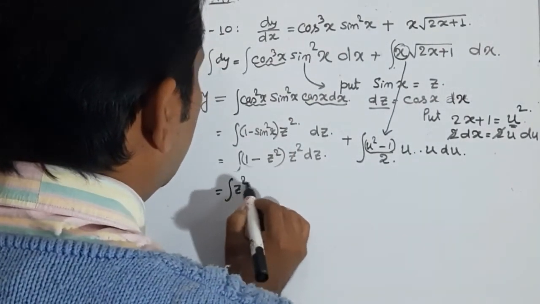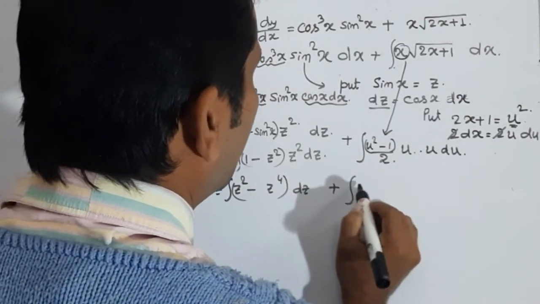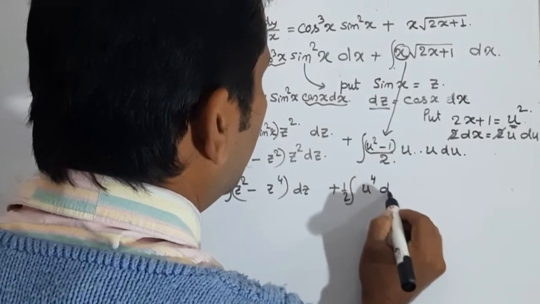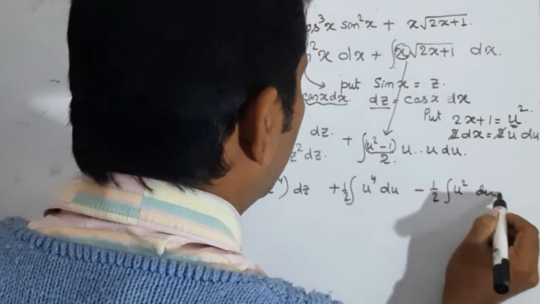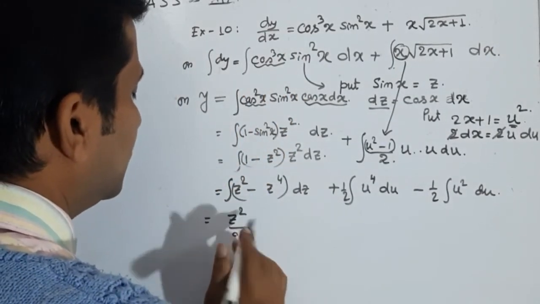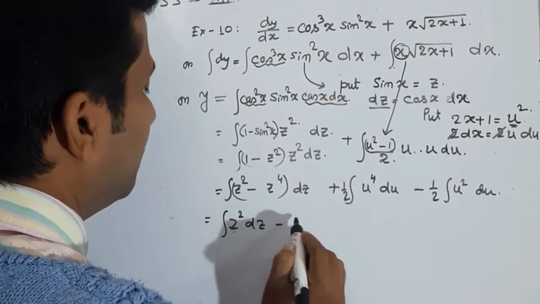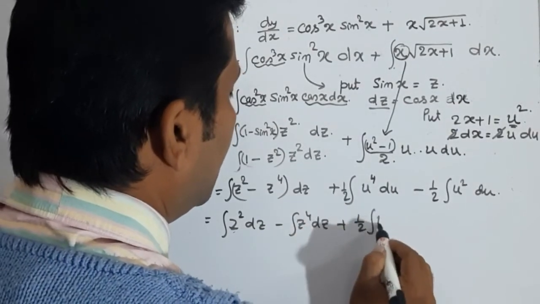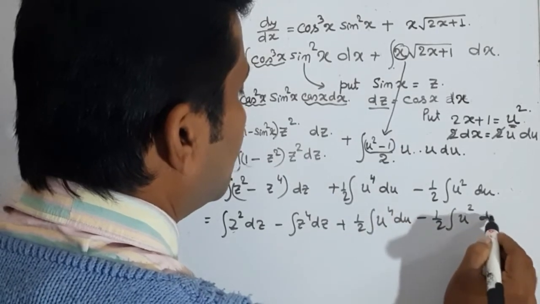Therefore, this is ∫(z² − z⁴) dz, and this is equal to 1/2 ∫(u² − 1) u² du. Then your required answer will be ∫z² dz minus ∫z⁴ dz plus 1/2 ∫u⁴ du minus 1/2 ∫u² du.